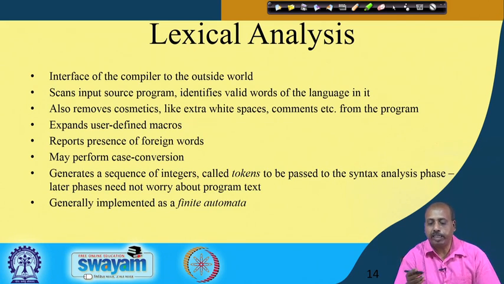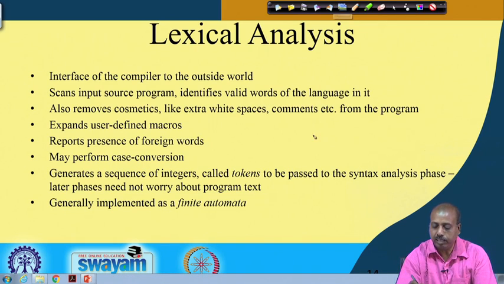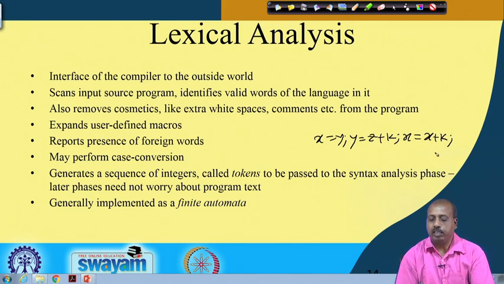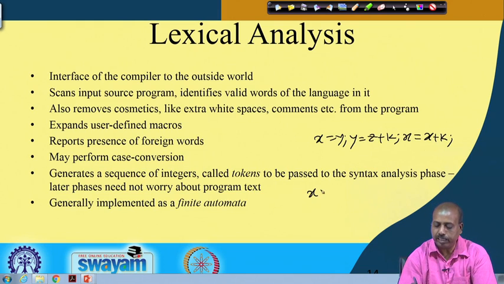So, somebody may write x equal to y semicolon, y equal to z plus k, then x equal to x plus k. Somebody may put it in separate lines: x equal to y in one line, then y equal to z plus k in another line, then x equal to x plus k in another line.